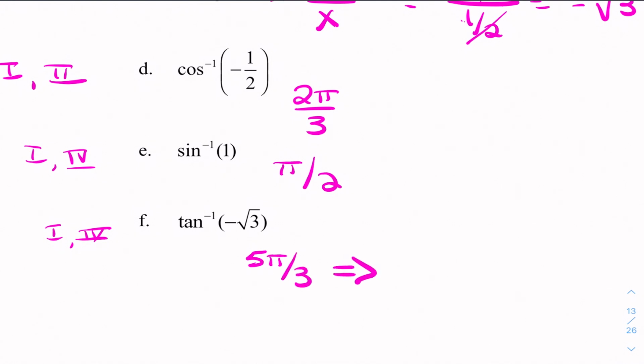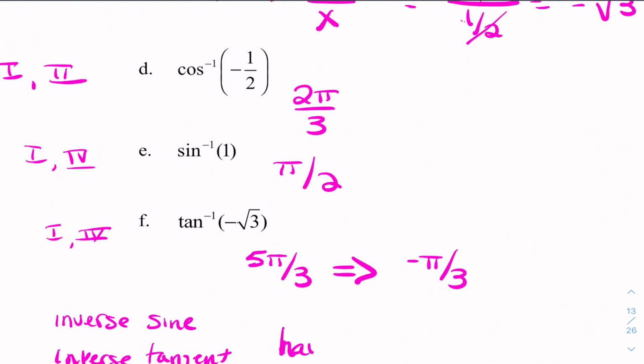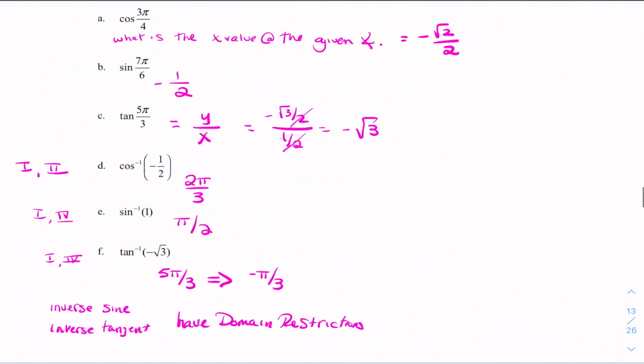Now, technically, the answer is negative pi over 3, and that's because inverse sine and inverse tangent have domain restrictions. We will talk about the restrictions in class as to why those happen.